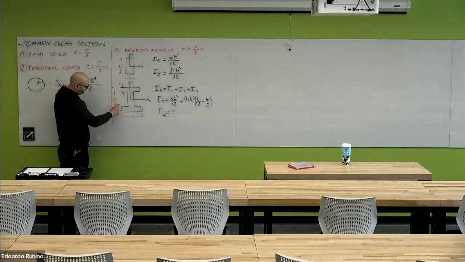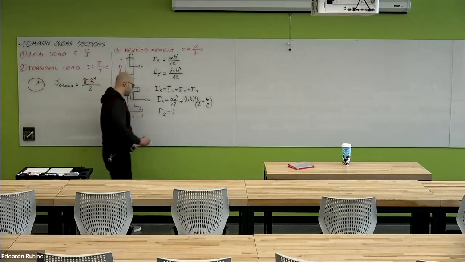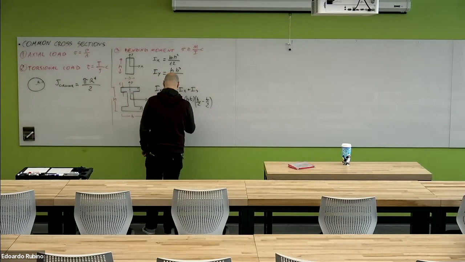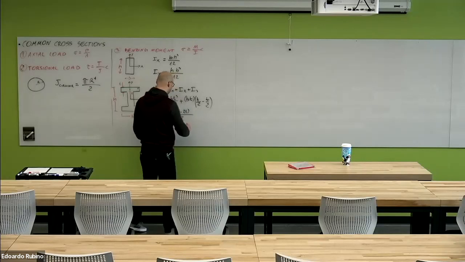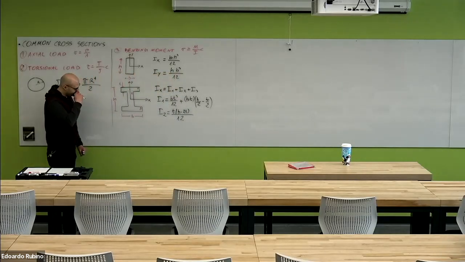The height would be this quantity here from the bottom of the top flange to the top of the bottom flange, which means we have h minus 2 times the thickness. And of course, we have to divide by 12.